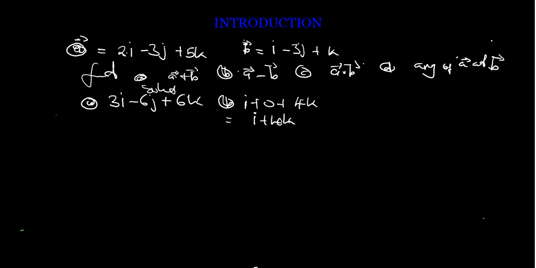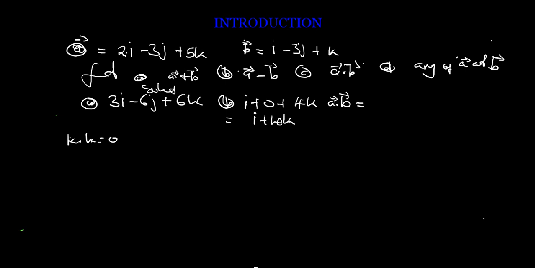So now we find the dot product, which is a vector dot product b vector, like that. So for these ones, what you do is you multiply to get a number. That's what we do. So even before doing that, sometimes you can just do this, let me just show you. If you are multiplying k times k, this will give you 0.